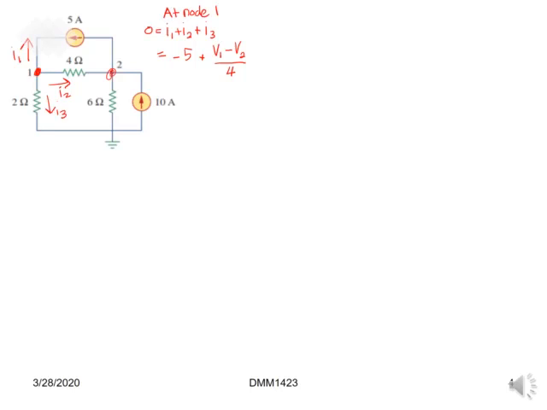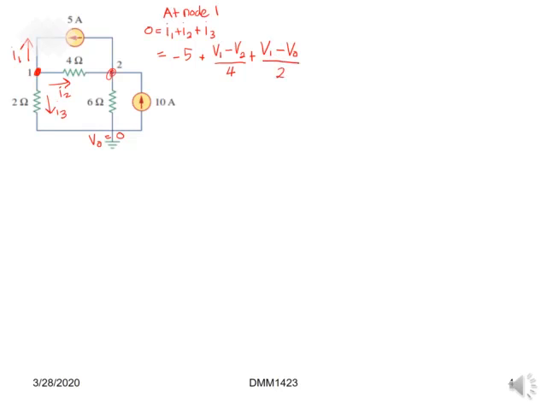We realize that the current at I2 is flowing from node 1 to node 2, across the 4 ohm resistor, so we can write it as plus V1 minus V2 over 4 ohm.